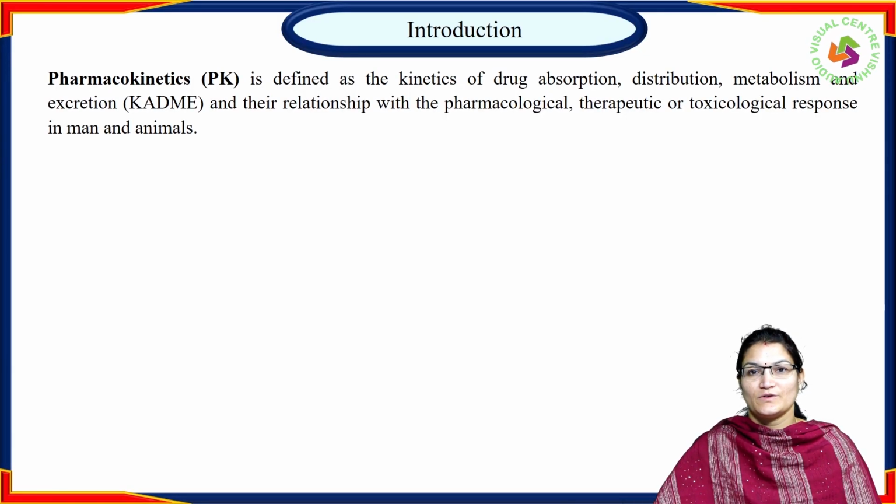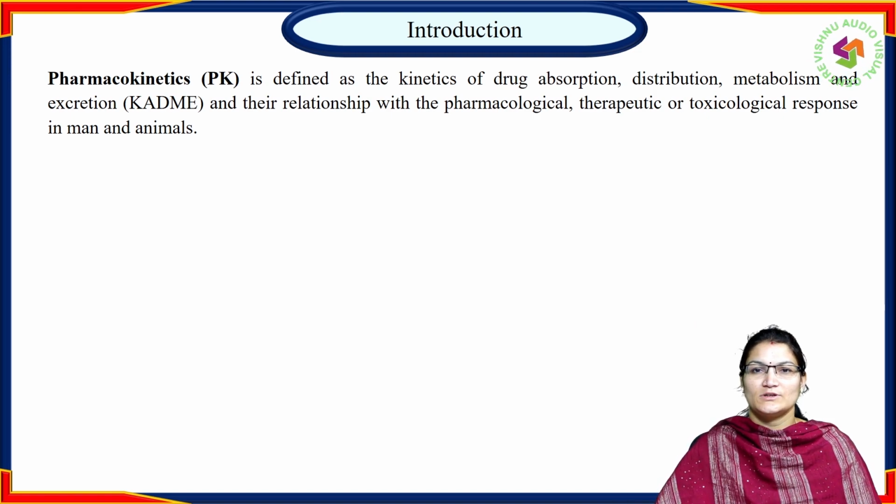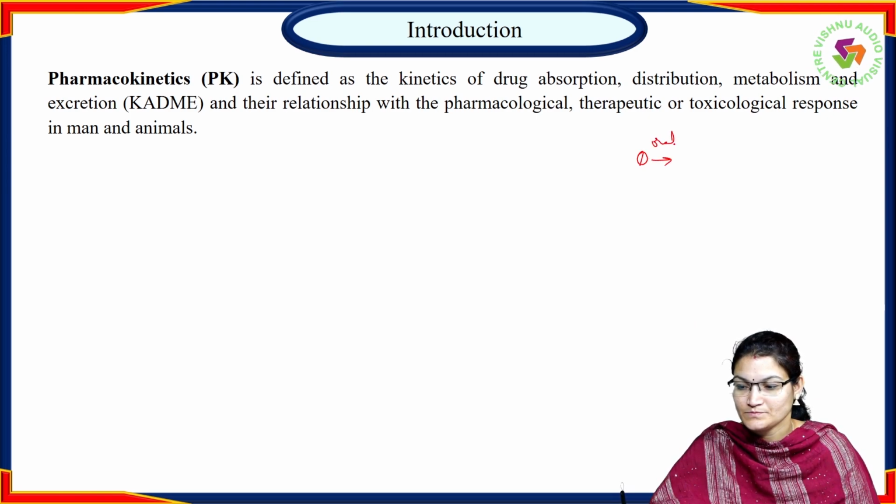Coming to the introduction of Pharmacokinetics, Pharmacokinetics deals with absorption, distribution, metabolism and excretion of drug. So let's get into the details of it. For example, if you have taken a drug through oral route, the drug has to enter into the stomach.